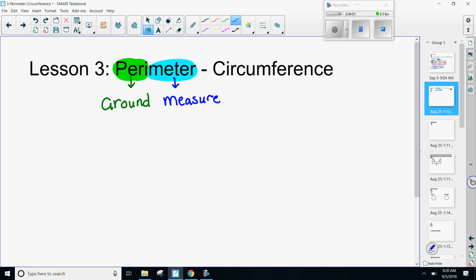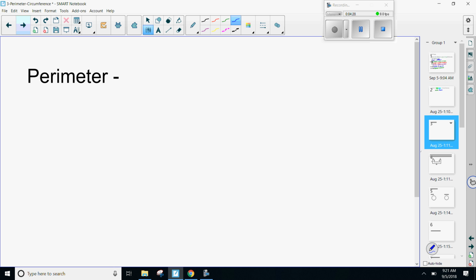If you're going to build a fence, you need to know how much supplies you need to buy, and you need to know the perimeter. You could guess, but what happens if you spend $1,000 more than you should have? Or less money than you bought it for.